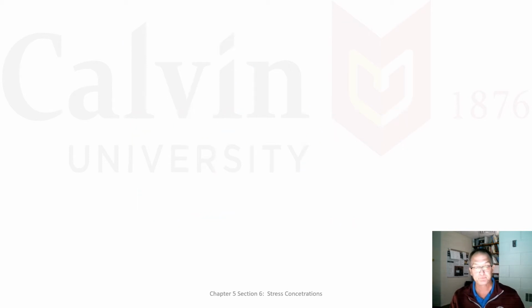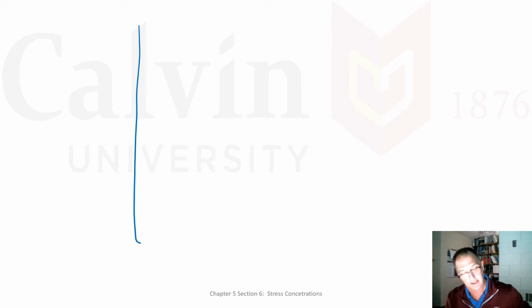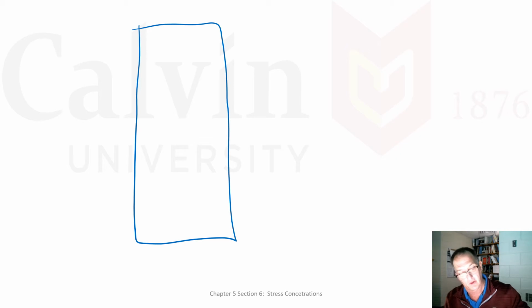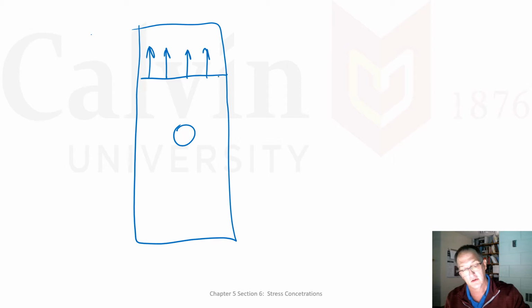Now, let's go to the next slide and we'll start saying, okay, so what's a stress concentration? Well, if I have the same plate with a hole in it, and I draw that line here and start putting in my stresses, I've got uniform stresses there. And if I drew another line where the hole is, I've got uniform stresses there.